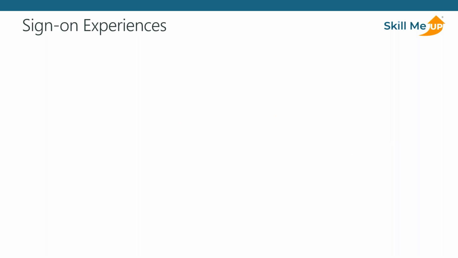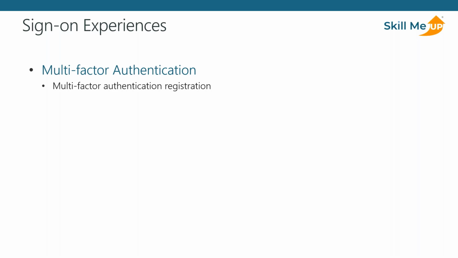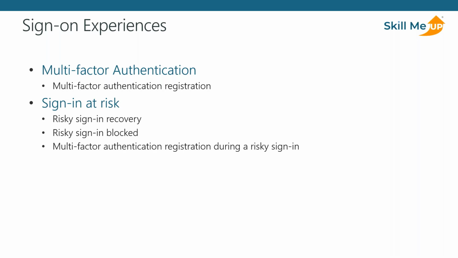Now, of course, if we look at the different sign-in experiences, if we're utilizing multi-factor authentication, then we can obviously force end users to register for multi-factor authentication. And then from that point forward, they will then have to go through and complete that multi-factor process every time. The second one is what we call the sign-in at risk.